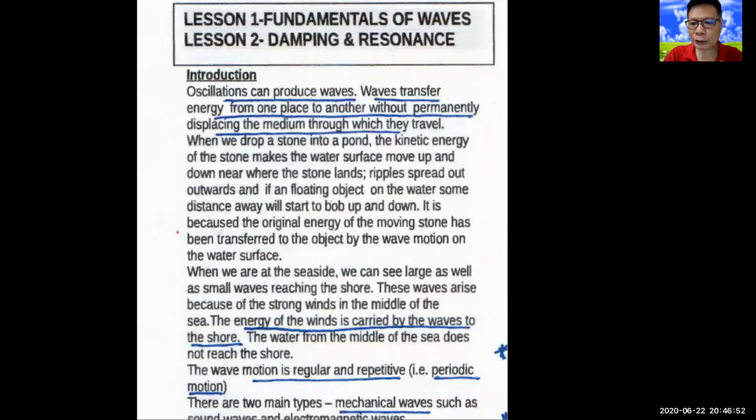When the circles pass through the leaf, can you tell me what happened to the leaf? Will the leaf move along, or will the leaf just go up, go down, go up, go down only? I repeat again, you listen carefully now. On the water surface, there's a piece of dry leaf.